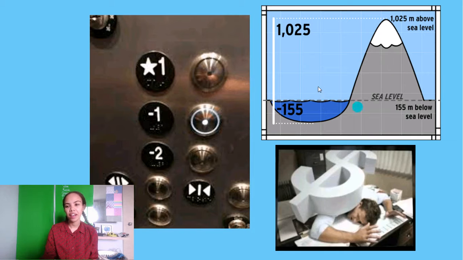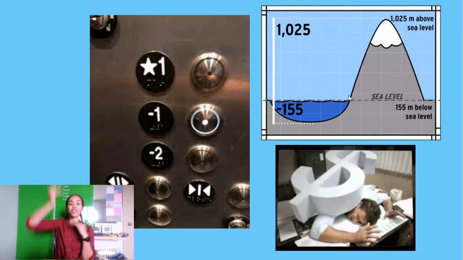Over here, what do you think's happening? We've got 1025 over here, and it's the height of a mountain. So we're at 1025 meters above sea level. The sea level is like 0, and 1025 is how tall that mountain is, and it's above sea level, so it's positive.